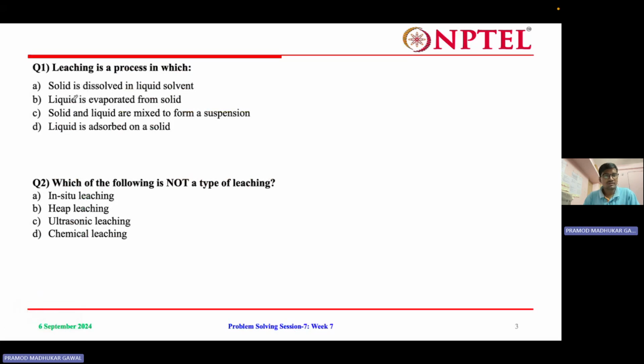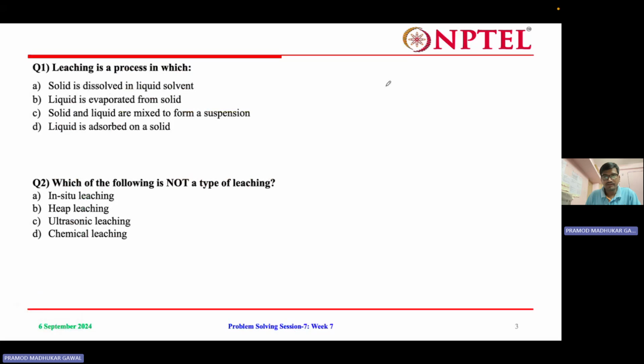The question was: leaching is a process in which we separate the soluble solute from the solid with the help of the solvent. That is called leaching, or in other words, solid liquid extraction.